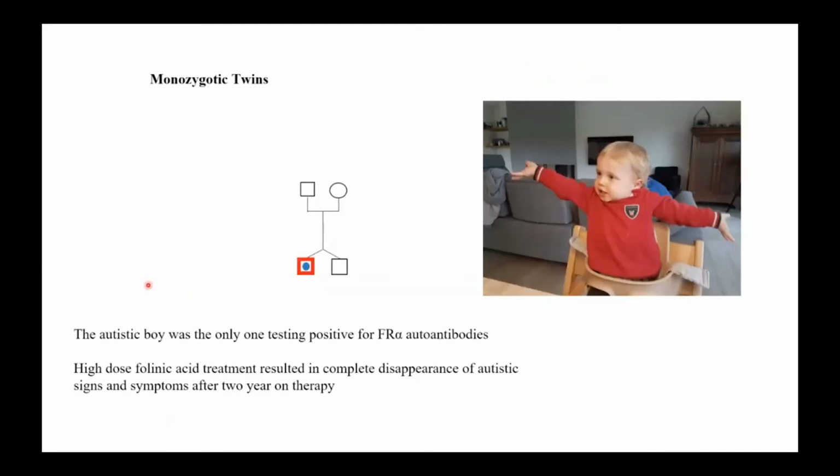So we then did the testing, and we found that the boy affected by autism was the only one having antibodies. He received high doses of folic acid, and this resulted in complete disappearance of autistic signs and symptoms after 2 years of treatment.